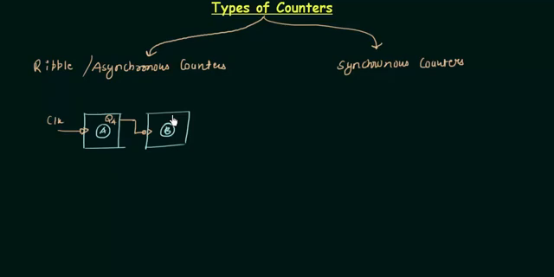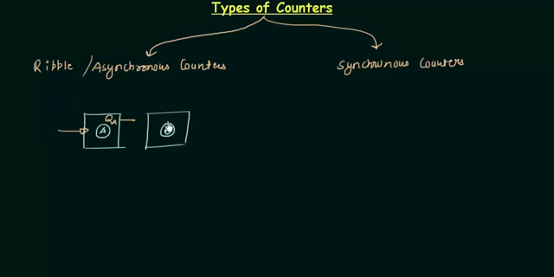Now we will see what we have to do in the case of synchronous counters. All the flip-flops receive the external clock pulse simultaneously. This is the difference between synchronous and asynchronous counters. In the asynchronous case the clock is not given simultaneously to both flip-flops, but in synchronous counters the clock is given simultaneously.